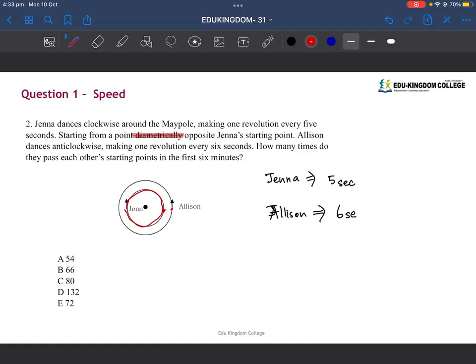So for 1 revolution, the starting point is passed once, okay? And this is just that key point you need to know.